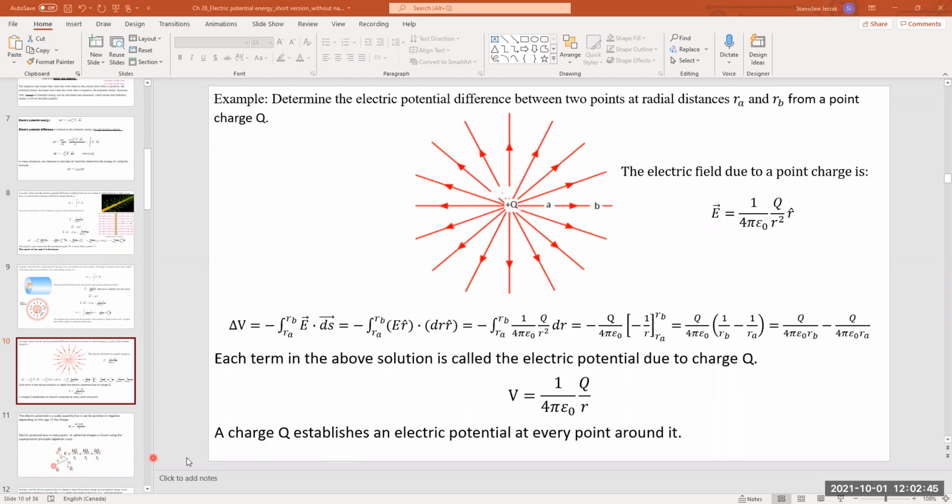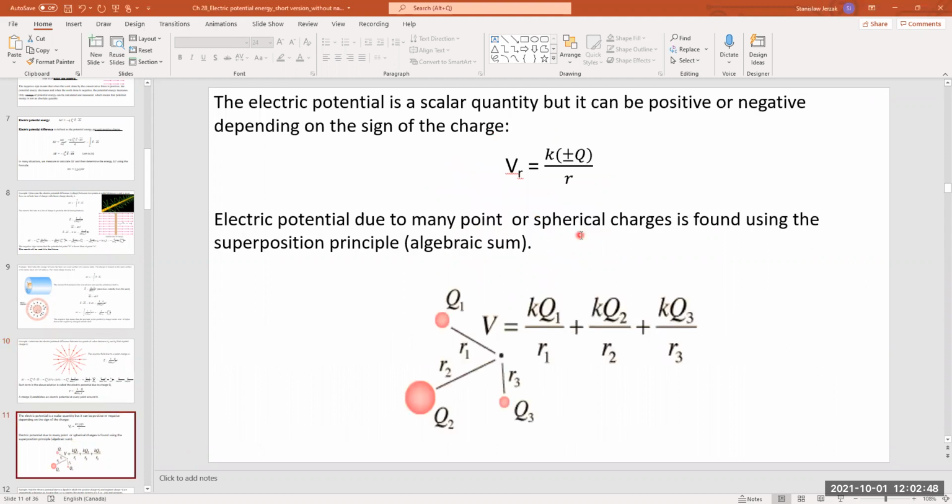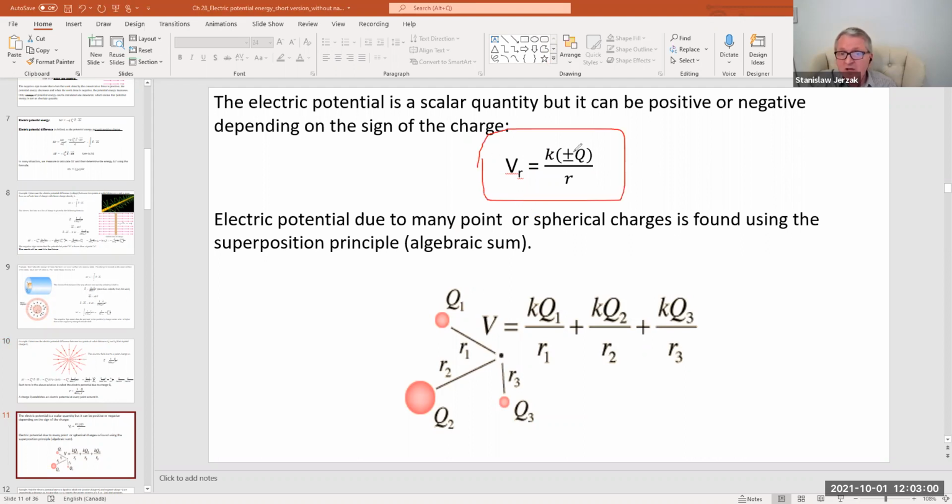So as I've mentioned, every point around the point charge will have electric potential given by this expression, which I just explained. You have to remember that a positive charge will produce positive potential, but a negative charge will produce negative potential. So potential can be positive or negative. And of course, when r is very large, when it goes to infinity, the electric potential approaches 0.